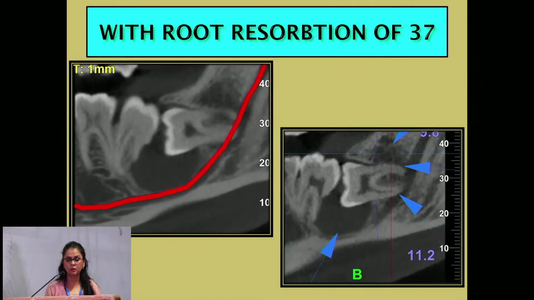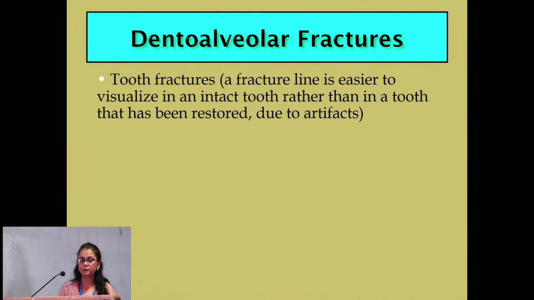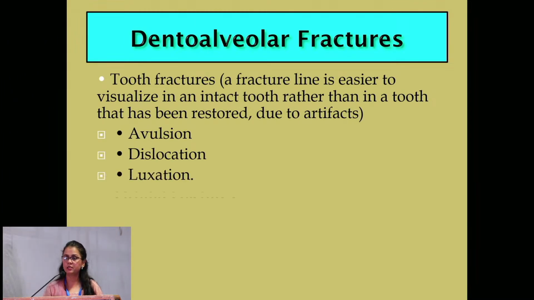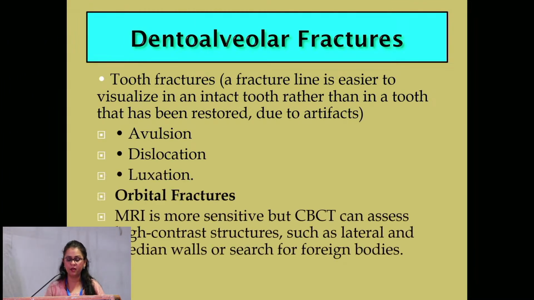Another case. The tooth which is impacted has its effect on the other teeth, so that also should be taken into consideration. In case of root fracture or a tooth fracture, avulsion, dislocation, luxation, CBCT plays a very important role.